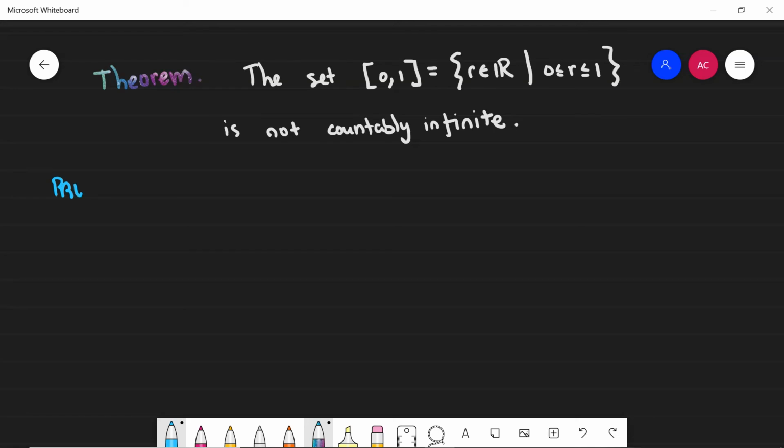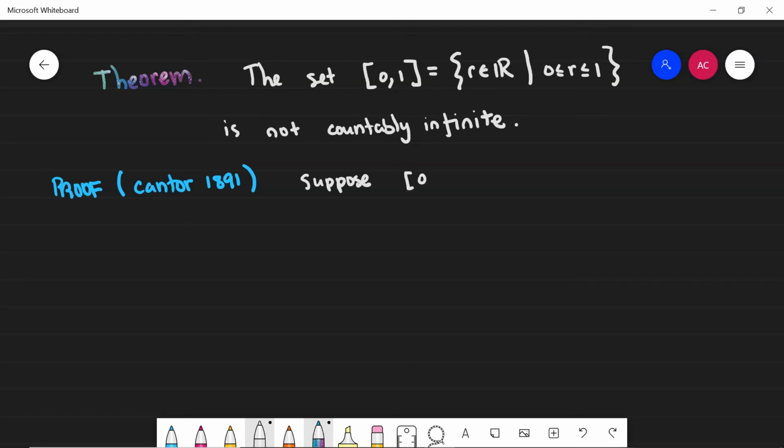And this proof originally dates back to Cantor in 1891, and this is called Cantor's diagonalization argument. Okay, so let's go ahead and suppose that the set is countably infinite.